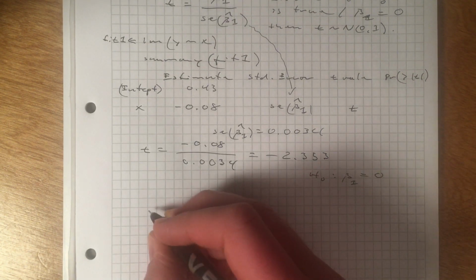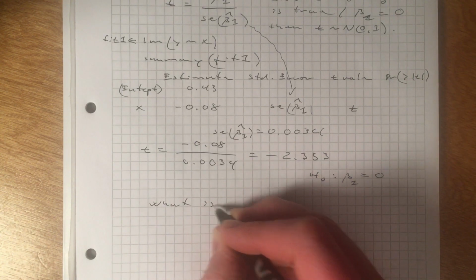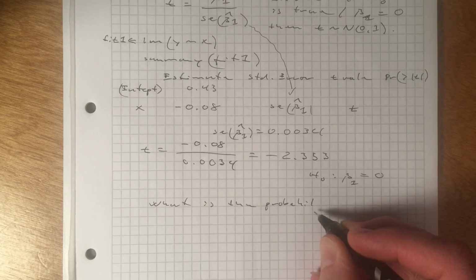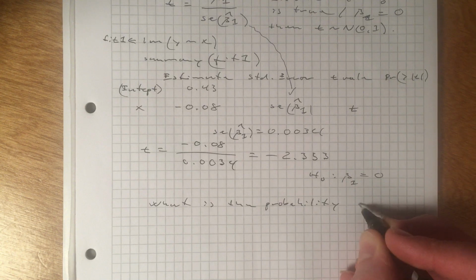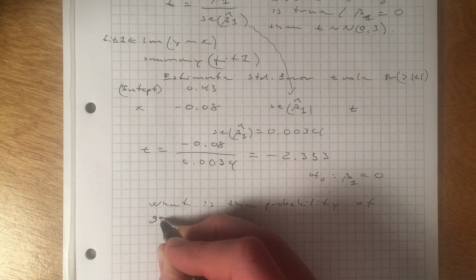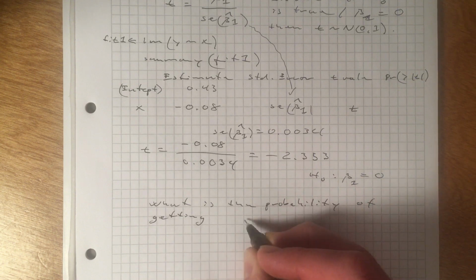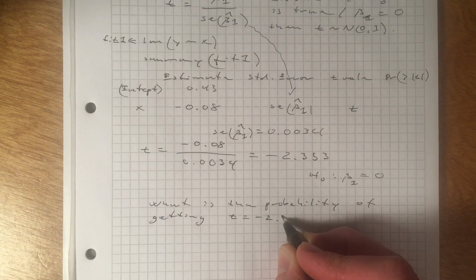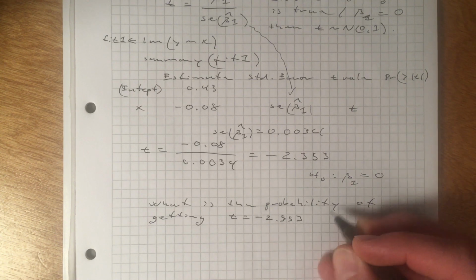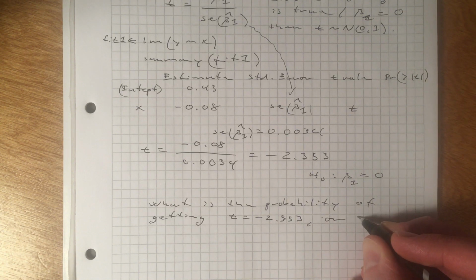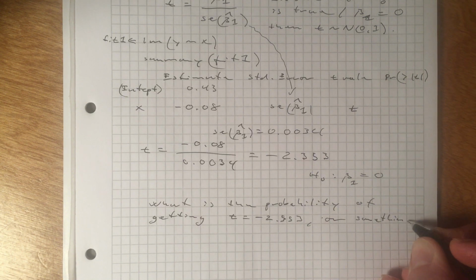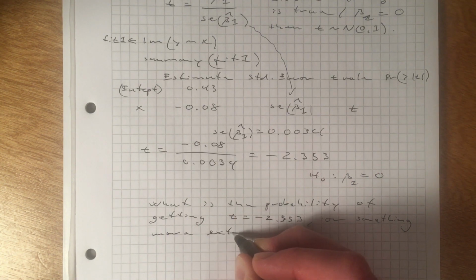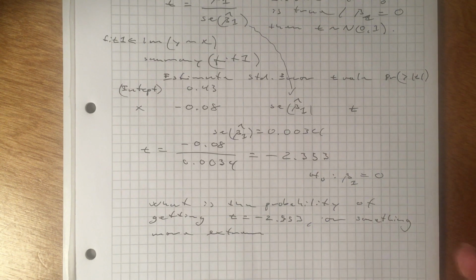We'll ask, well, what is the probability of getting t equals minus 2.353 or something more extreme. So I'll explain what more extreme means shortly.